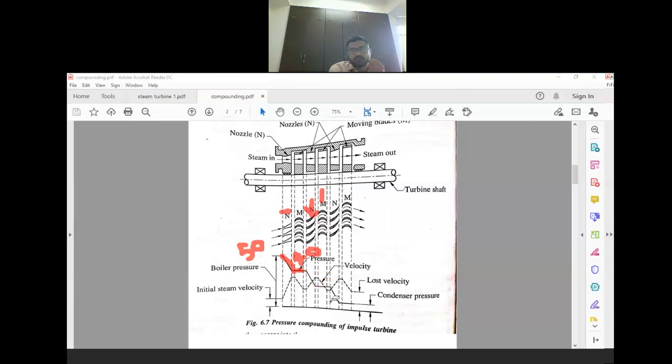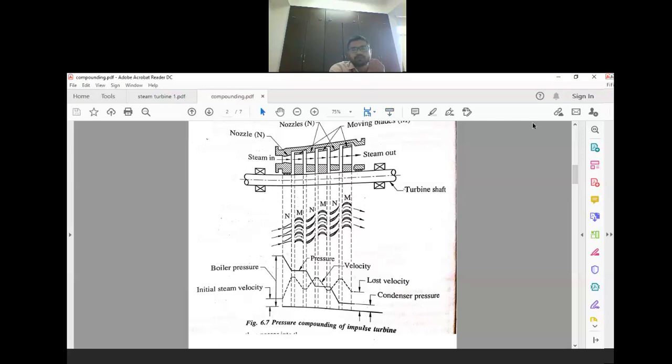Clear? So suppose this is 50 to 40, here 40 to 30, then from 30 to 10, and from 10 to 1 bar, ultimately it will go to the condenser pressure. So we are reducing the pressure step by step, and whatever velocity is generated, we utilize for the rotation of the turbine.